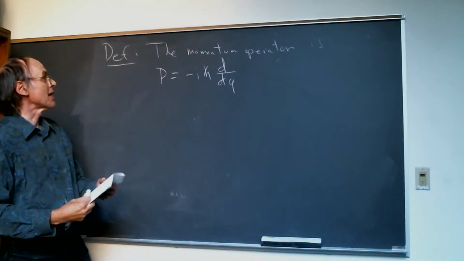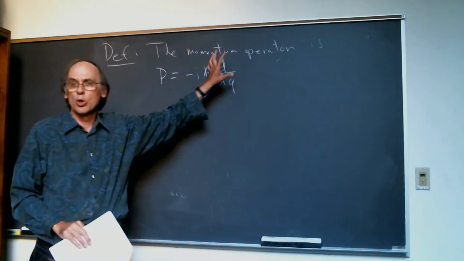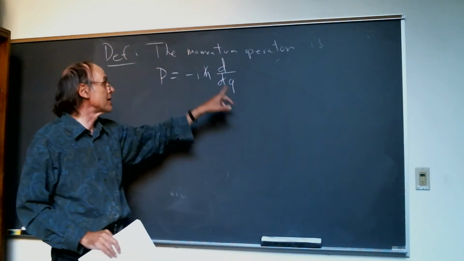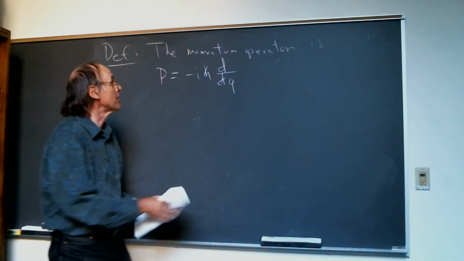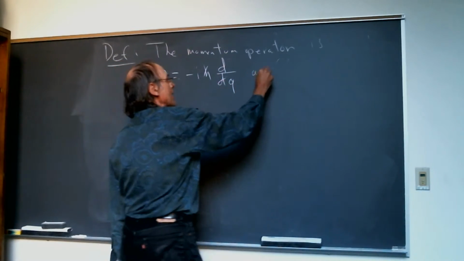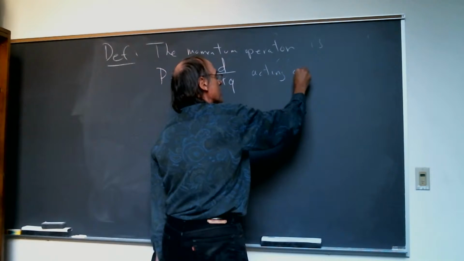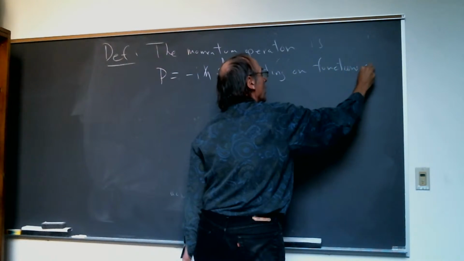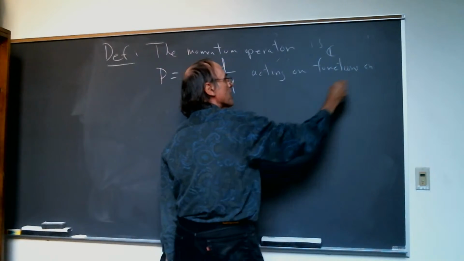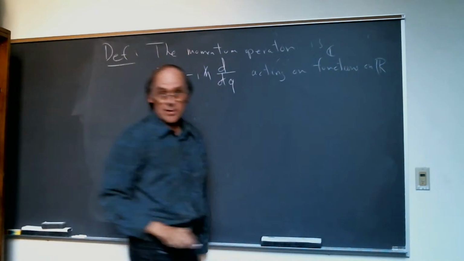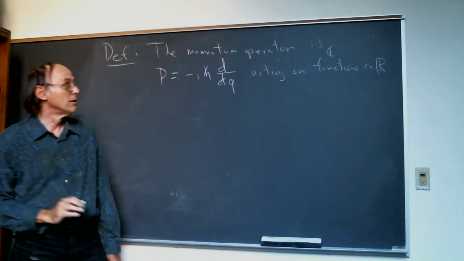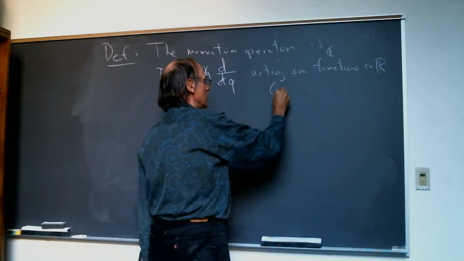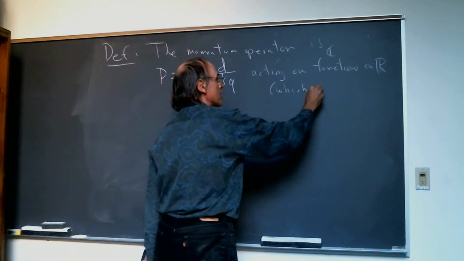Okay, so let me just say that there's a hole in this definition here, that I'm not actually telling you what this is acting on. So this is acting on complex valued functions on R, but I'm not telling you which ones. Again, there's a hole in this definition to be filled later.